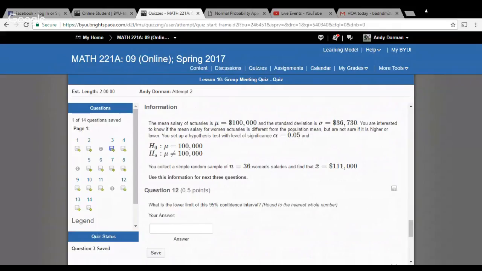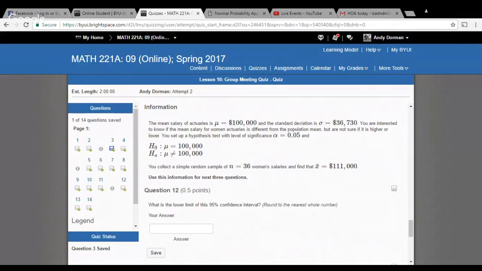So we check a hypothesis test with an alpha equal to 0.05, which would be 2 standard deviations off the norm. So we have a hypothesis of 100,000, then another hypothesis of not equal to 100,000. We do a sample size of 36, and we have the x mean of 112.